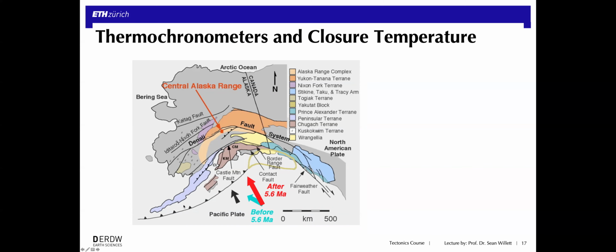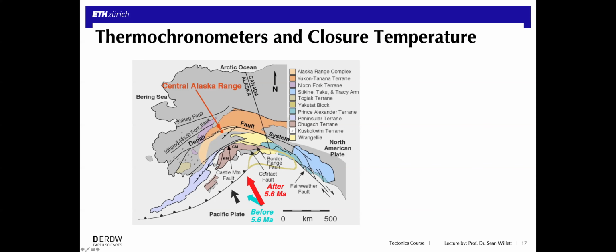The plate boundary is a subduction boundary here on the south edge of Alaska. And in fact, what has been noted independently is that the relative plate motion has changed over the last 6 million years. Prior to about 5.6 million years ago, the motion was like this, following the green arrow. After about 5.6, it followed the red arrow.